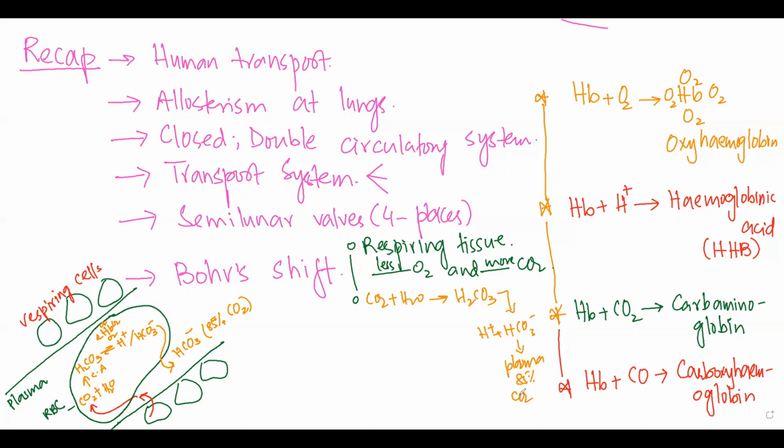And H plus binds to hemoglobin. Which hemoglobin? The oxyhemoglobin, which is having oxygen. H plus will go and bind to this hemoglobin. And this will make HHB, hemoglobinic acid. Okay children, this binding of H plus to hemoglobin changes the shape of hemoglobin.